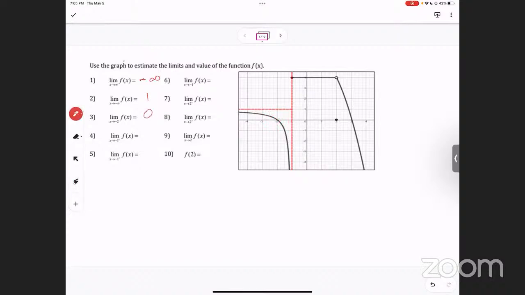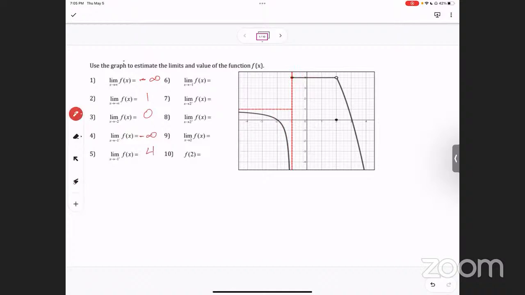Coming to -1 from the left, what do I expect the value to be? Negative infinity. And if I jump on the graph coming from the right, what would I expect the value to be? 4.